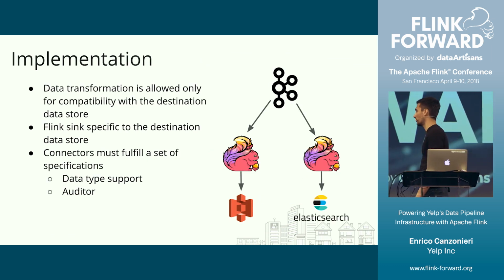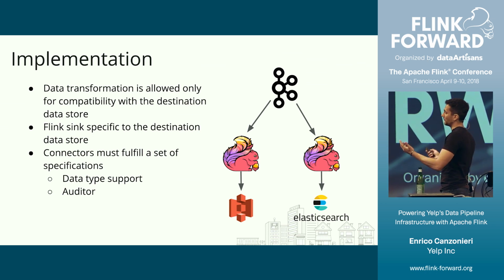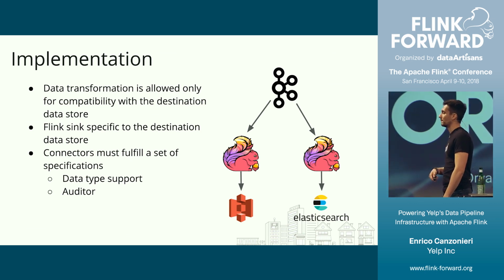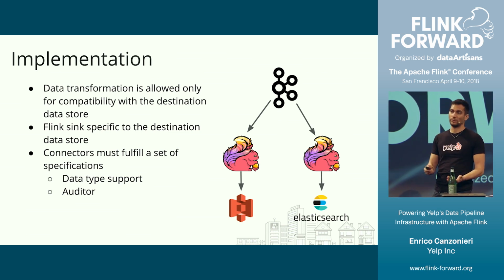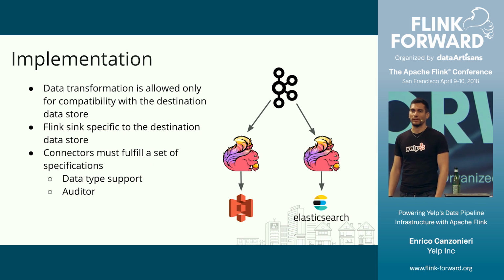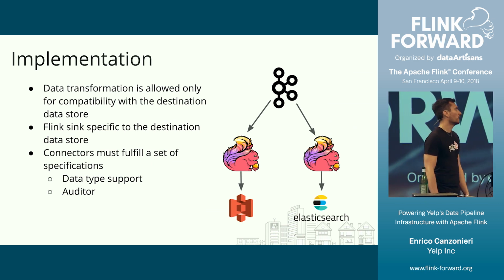From an implementation point of view, this looks more or less like Flink applications that have Kafka as the source, and then they implement a Flink sink specific to the destination data store. We have a pretty strict set of specifications for connectors that can be considered data pipeline compatible.